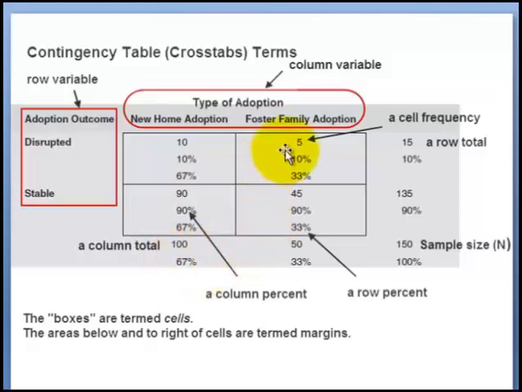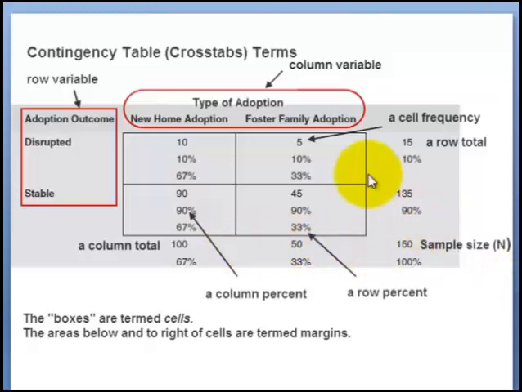Here are the sums that make up the 50 foster family adoptions: 5 disruptions, 45 stable adoptions, a column total of 50. And indeed observe that the column totals also sum to the sample size of 150.